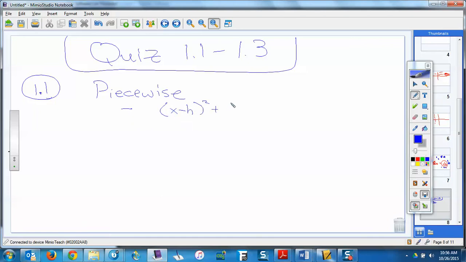The very first thing that I told you would be on this quiz would be a piecewise function where you have maybe a circle or you have a line, or pieces of lines, pieces of circles, right? And so being able to write a line equation, being able to do that circle problem. We did that, I think it was number 12 in the homework.